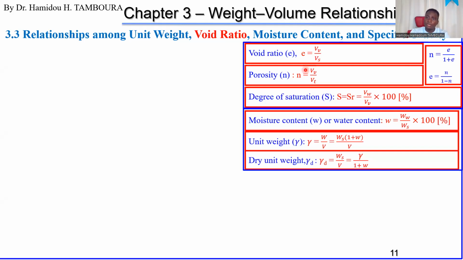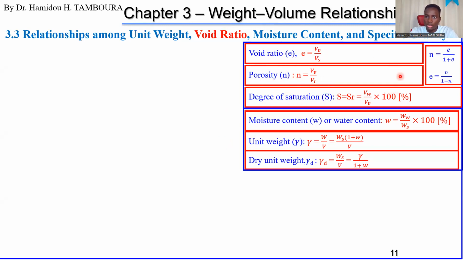Okay, I will put this here because this is what we have seen so far, and we will need it to continue this video. So all of them are here. The void ratio, porosity, degree of saturation.